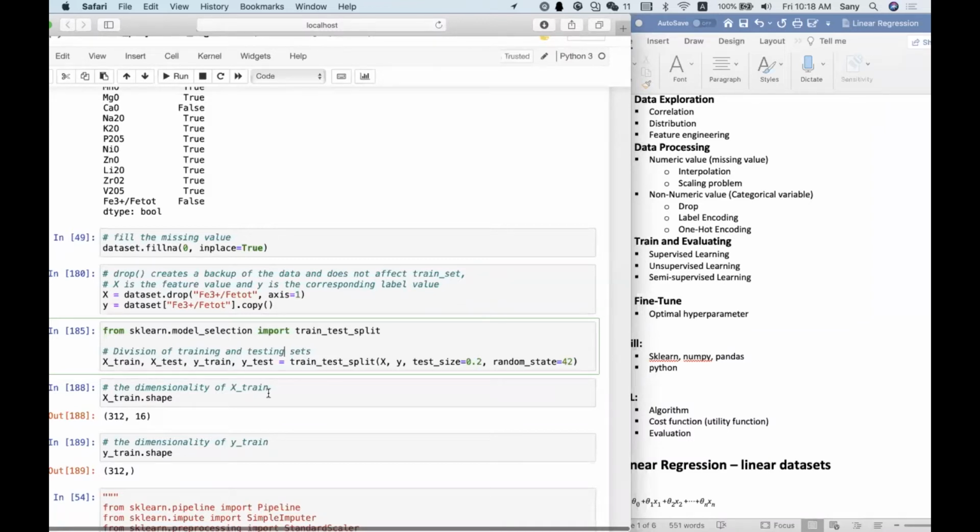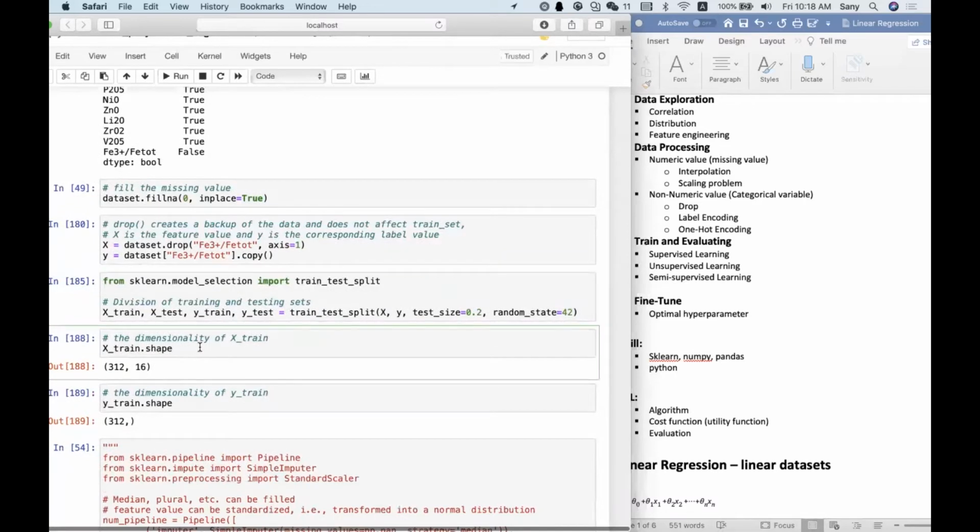Okay, now we should check the dimensionality of the training set we have. X-train means the feature value datasheet in the training set.